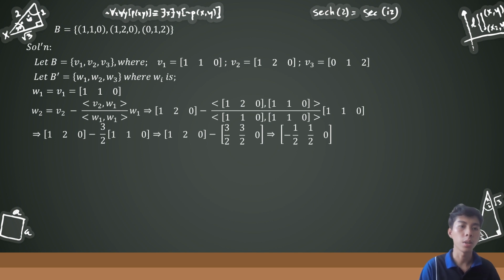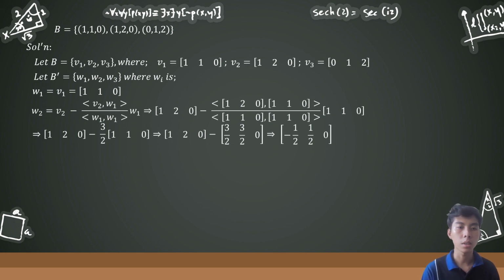So that is equal to the vector (1, 2, 0) minus the result of the inner product of v sub 2 and w sub 1 over the inner product of w sub 1 and w sub 1, which is 3 over 2, or 3 halves, multiplied to our w sub 1, (1, 1, 0).